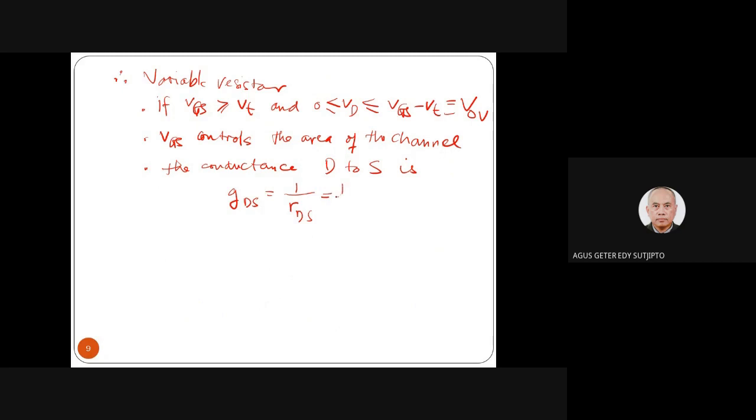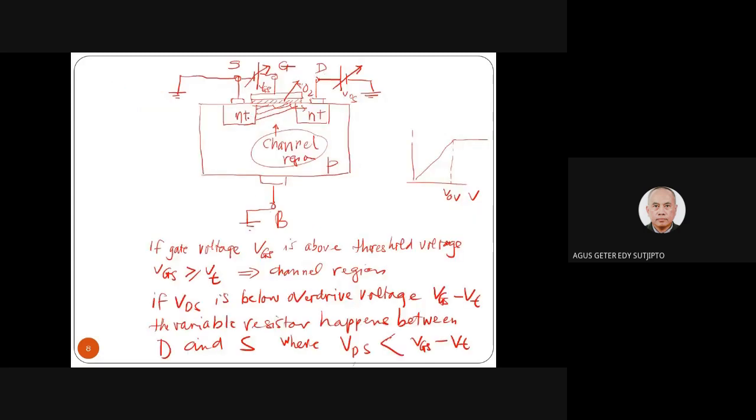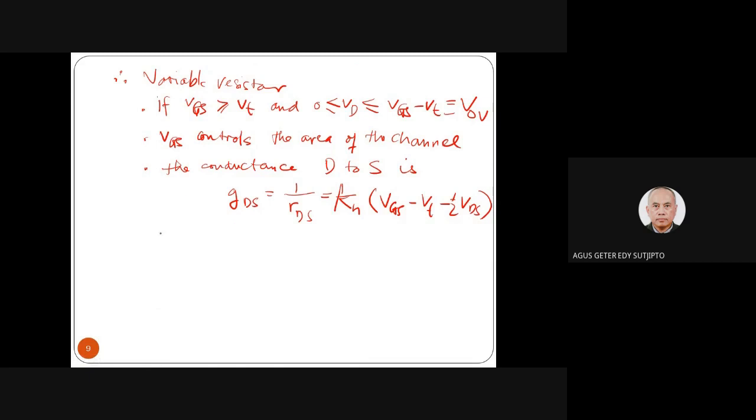This is equal to Kn times (VGS minus VT minus half VDS). We have the half here because this is from source to drain.